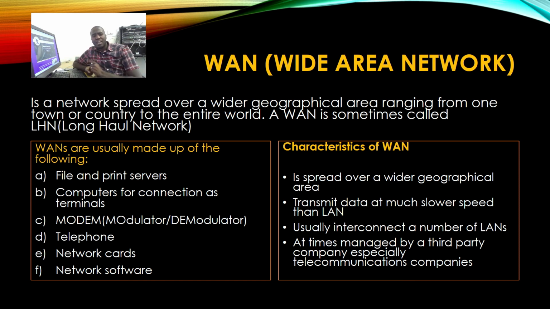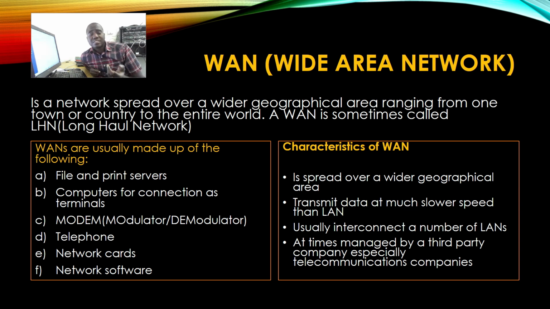I'll demonstrate that one. At times, a WAN requires a third-party company, especially telecommunications companies, to manage it. Remember, we said a LAN is usually managed by the company that is using that LAN. But with this one, because it's a wider range, one branch is in Namibia and another branch is probably in the United States.